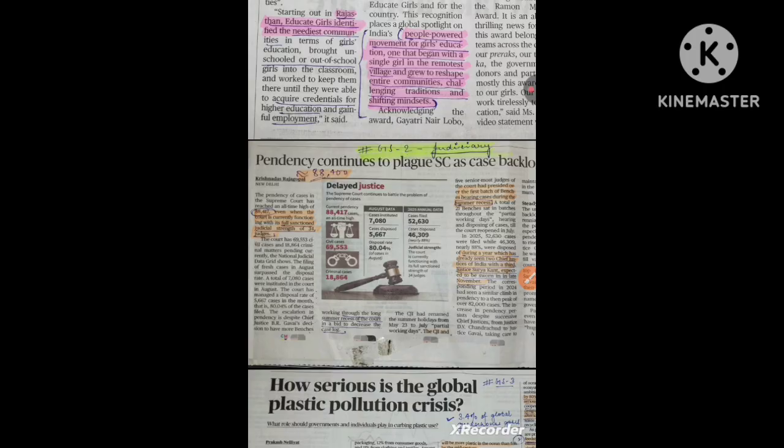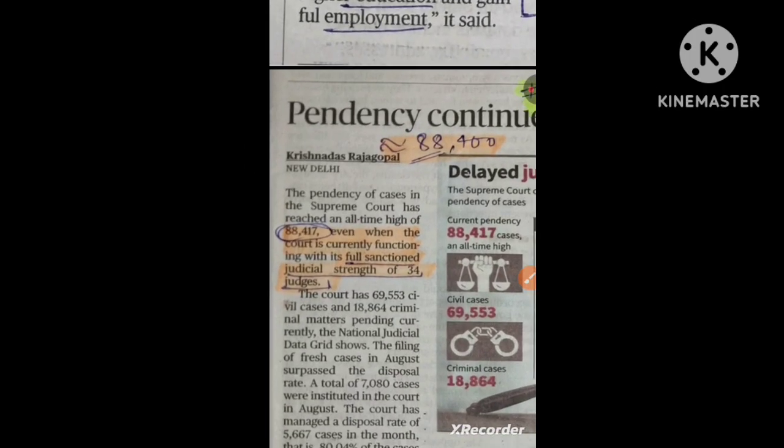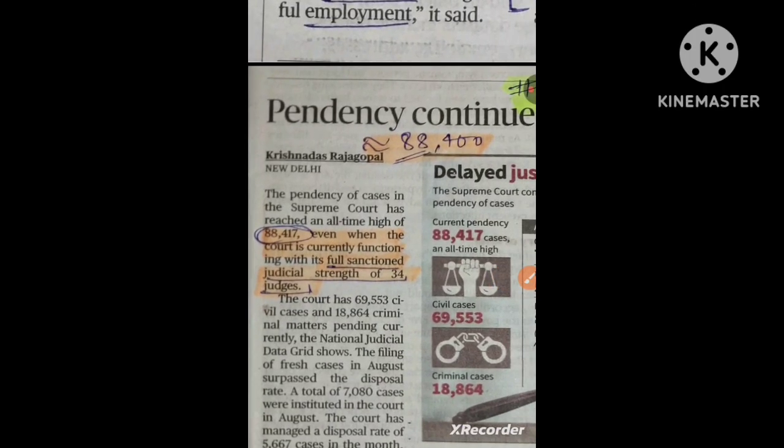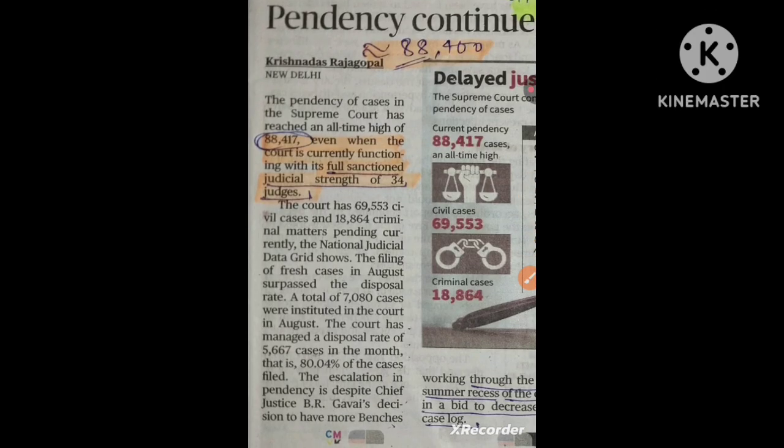So whenever you get a question related to judiciary, you will mention that 88,400, okay, this is the pendency of cases. How many cases are pending in the court? Around 88,400.